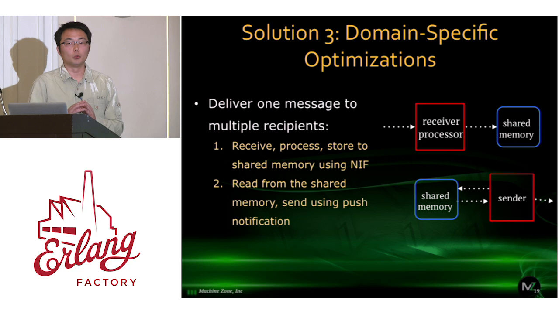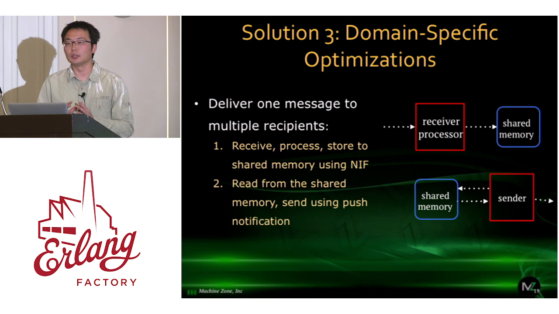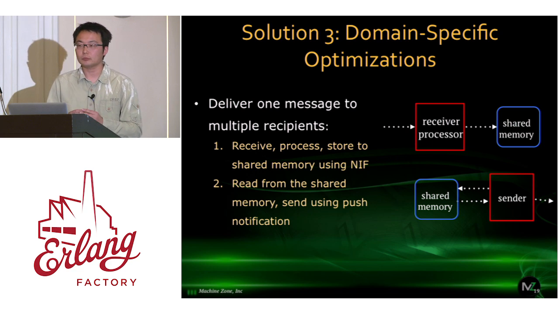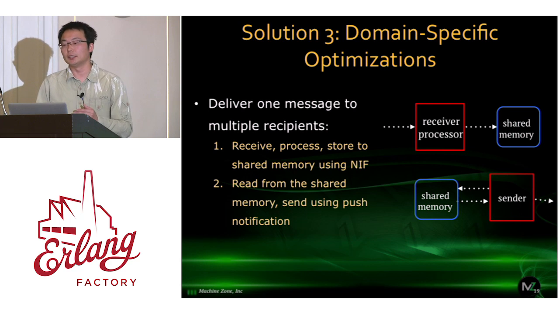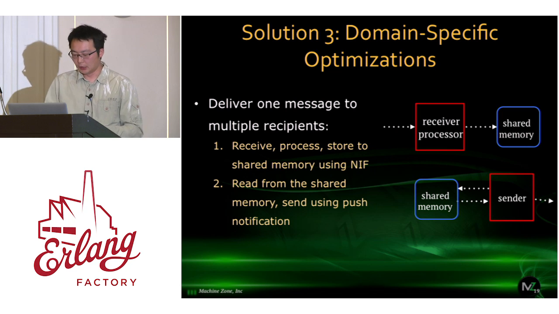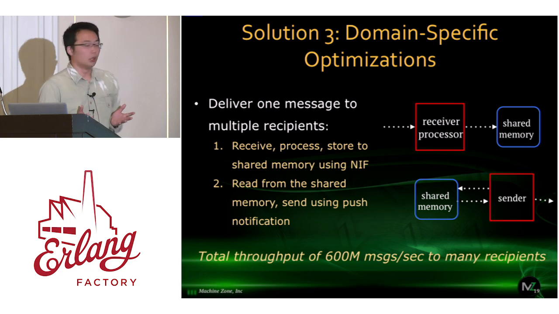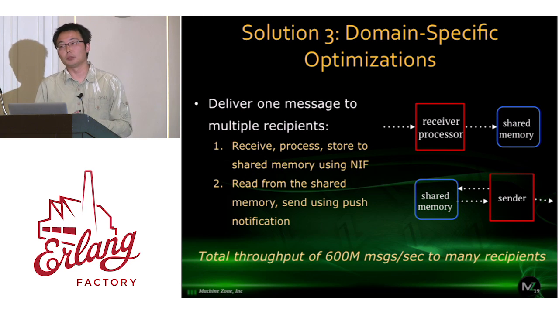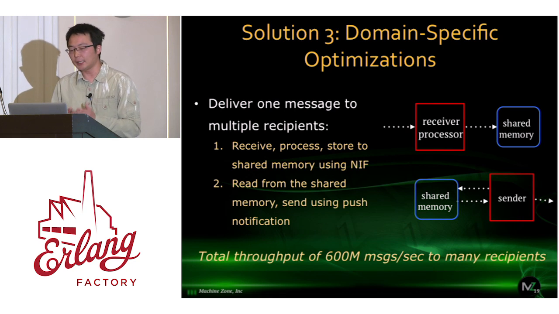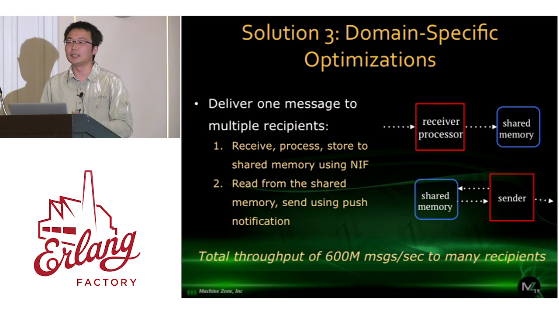Note that we don't want all the receiver processes busy spinning, waiting for the message to come, waking up and sleeping. So we also designed our own notification technique to reduce this waiting time. In this setup, we achieved a throughput of 600 million messages per second on a one-to-many setup.